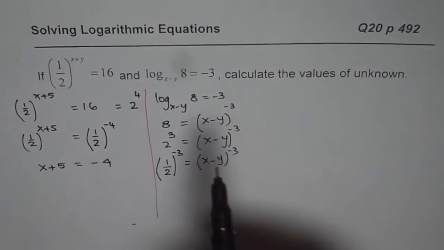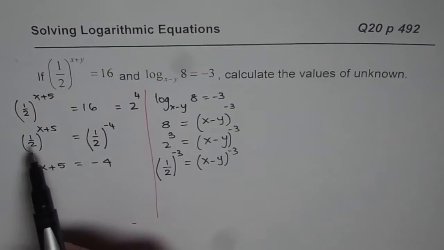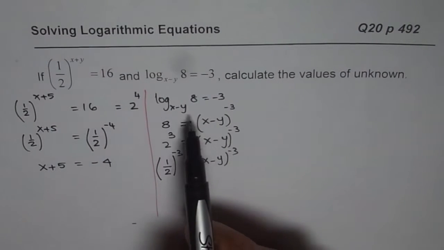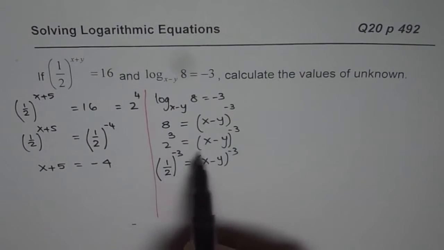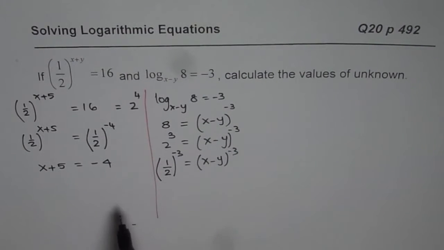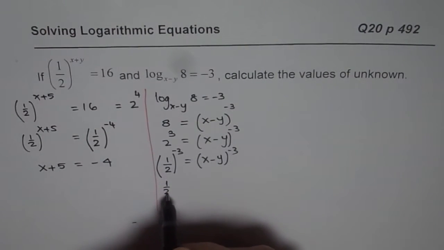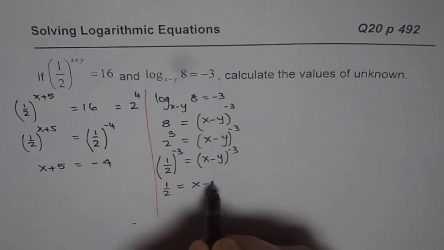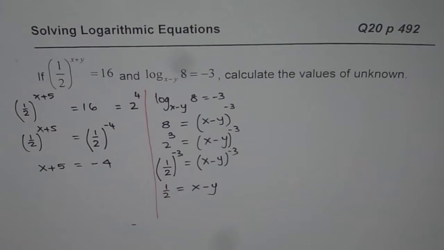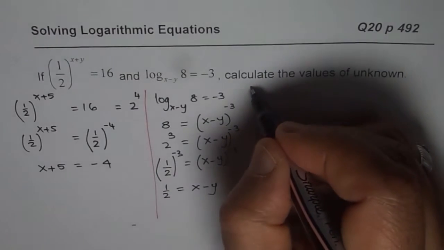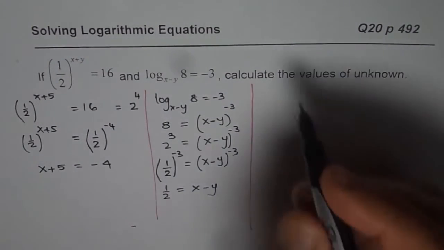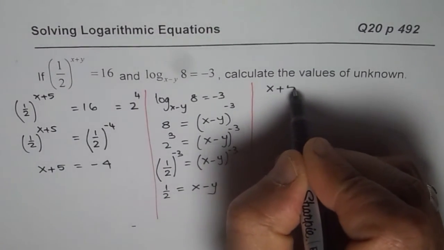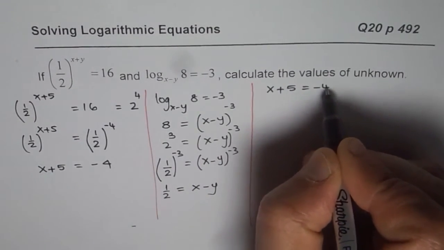The whole thing is, either you match the base or you match the exponent, and then you get your equation. In this case, since my exponents are matched, I can say half is equal to x minus y. Do you agree with me? So we have got two different equations. One is x plus y equals minus 4.